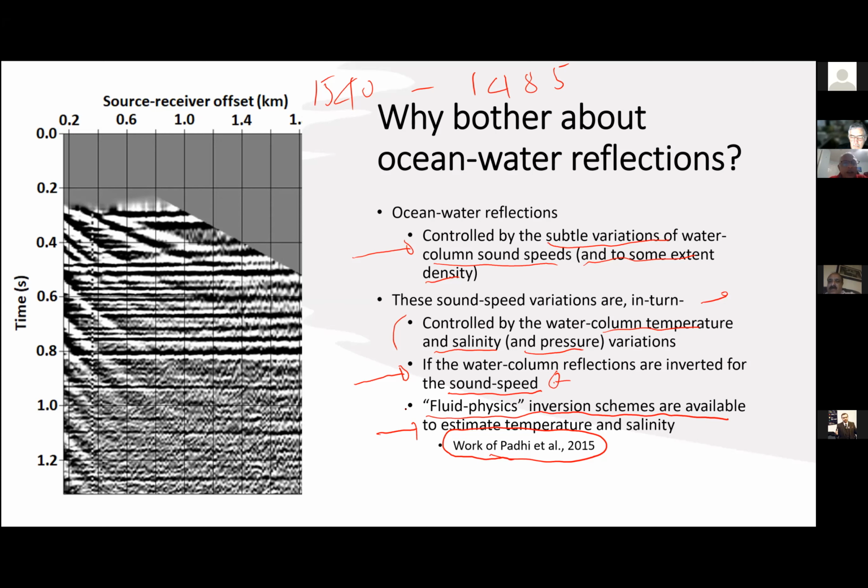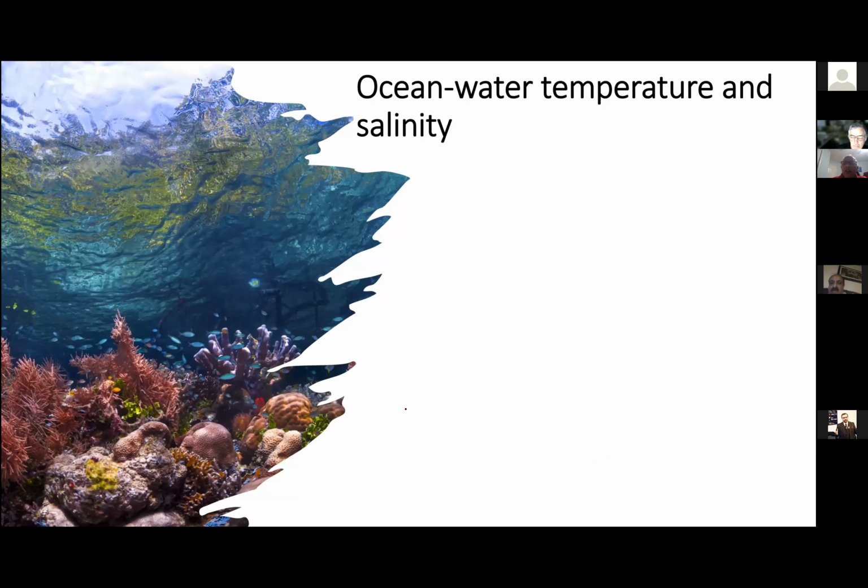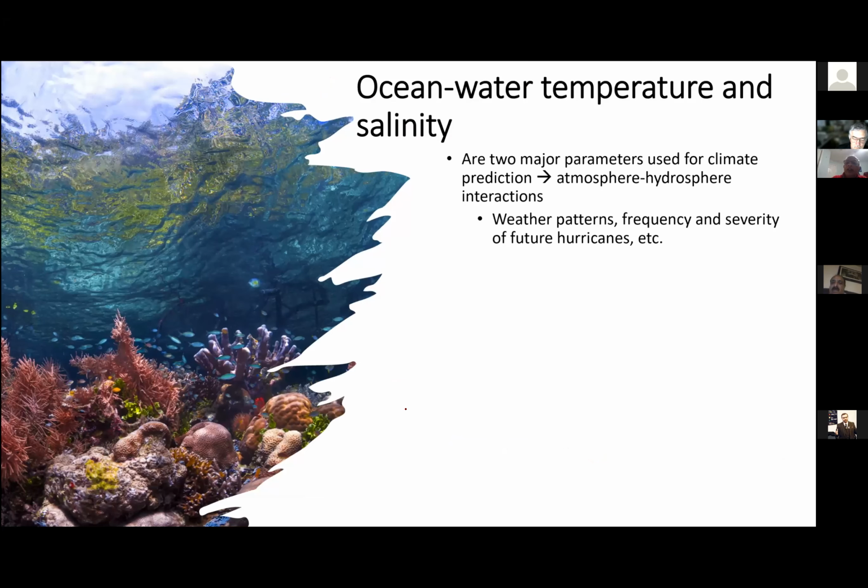And what does it tell us? The temperature and salinity? Well, these are the two major parameters used for climate prediction, because that actually controls the atmosphere and hydrosphere interactions. So they are the controlling factors for climate predictions, like the weather patterns. What are the frequency and severity of future hurricanes?